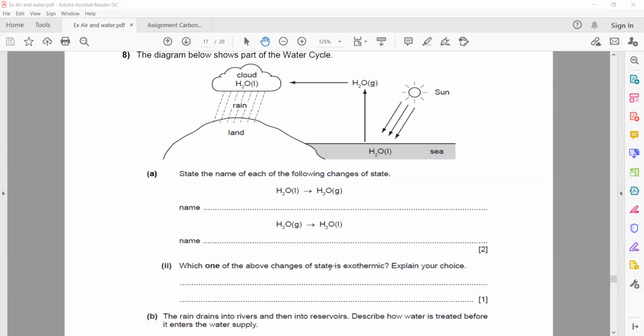Which one of the above changes is exothermic? Exothermic means which gives out energy. You can see water in a liquid state absorbing energy and converting into vapor. So this is endothermic because it is absorbing energy.